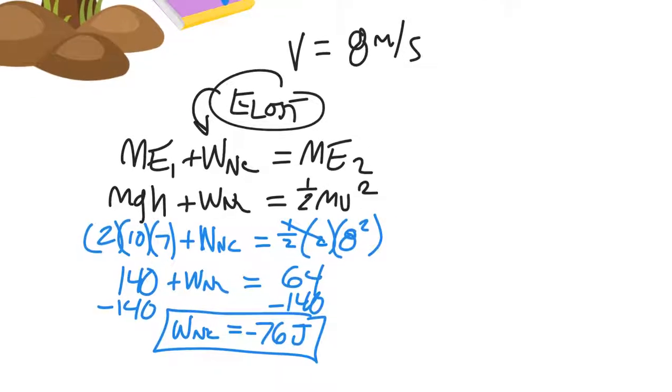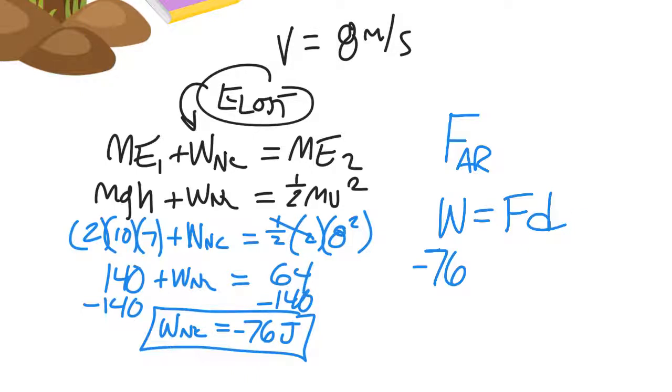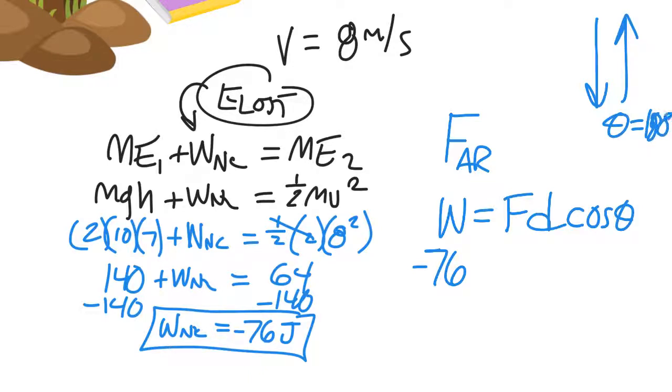So what can we do with that? Well, we can actually find out what the force of the air resistance was, because we know that work equals force times displacement times cosine theta, and we know that this was negative 76 joules. When the book falls and air resistance is up, that means theta is 180 degrees, and cosine 180 is -1.